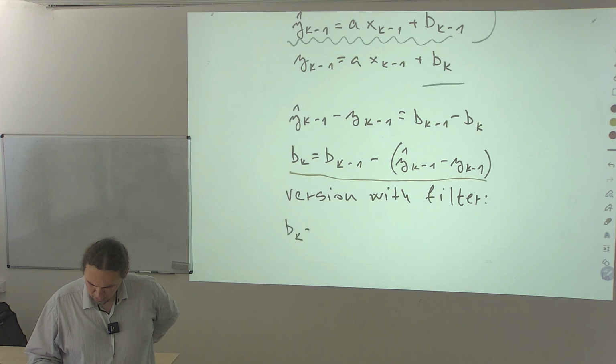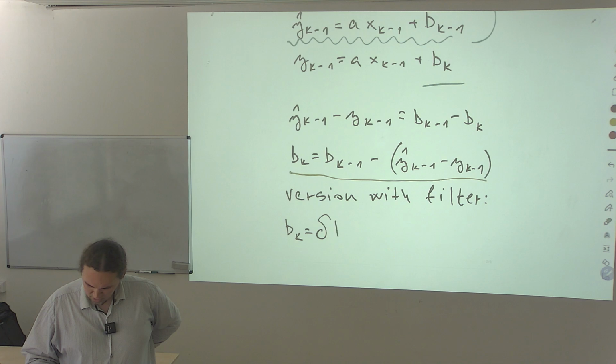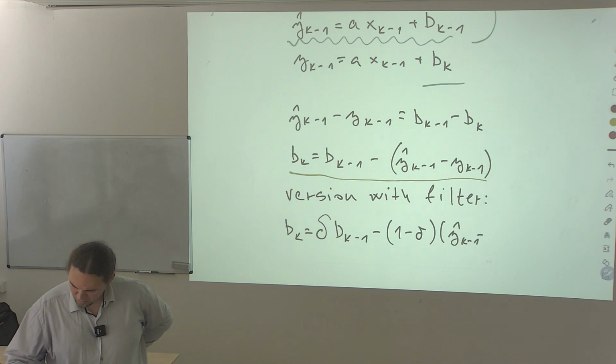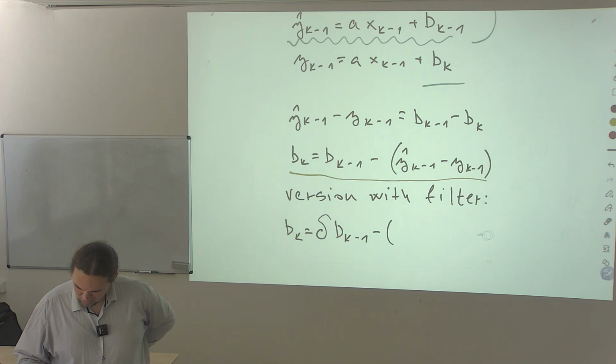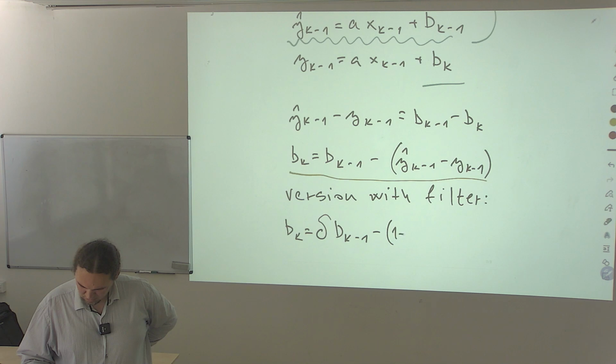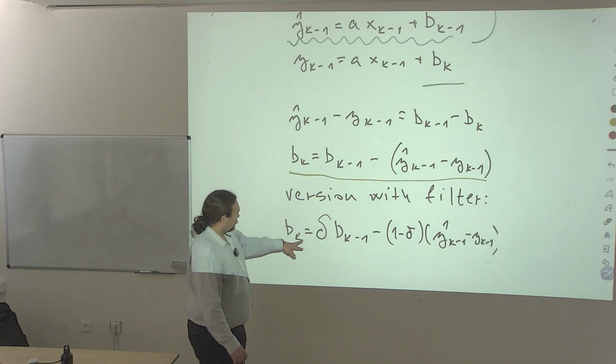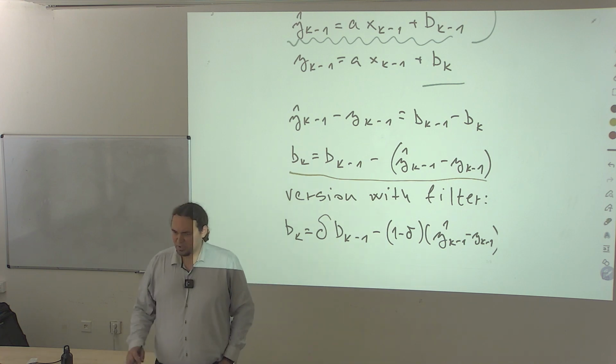The new b_k will be, let's call it delta, b_{k-1} plus one minus delta times this value of the prediction error, where this delta is something between 0 and 1.